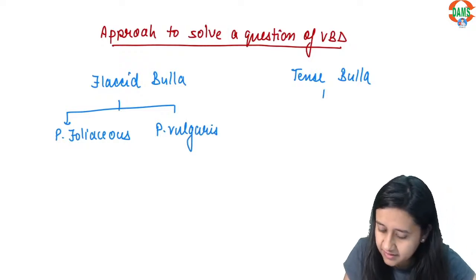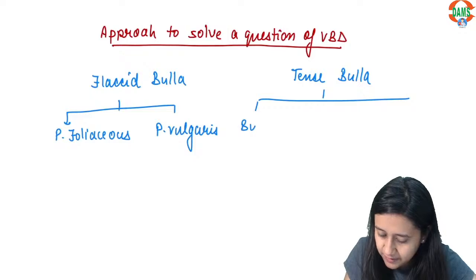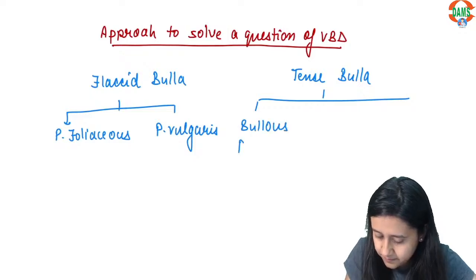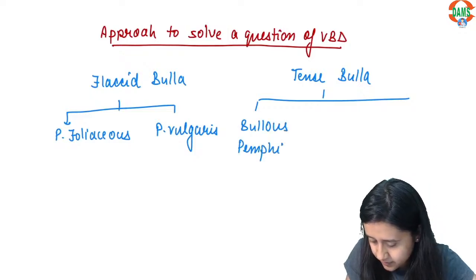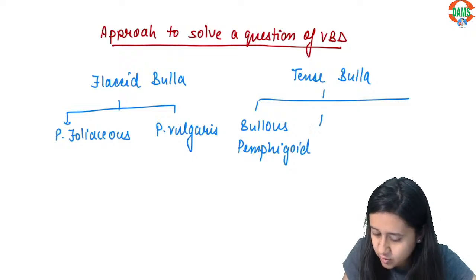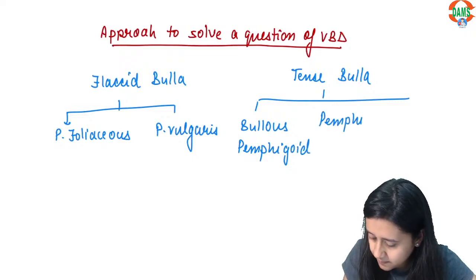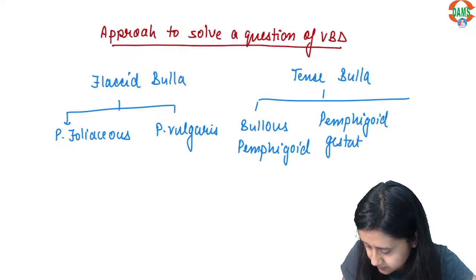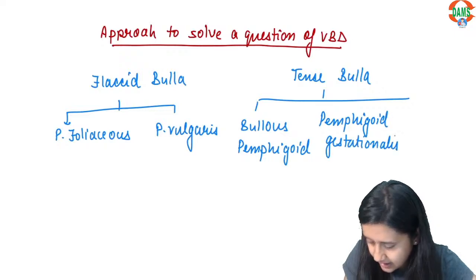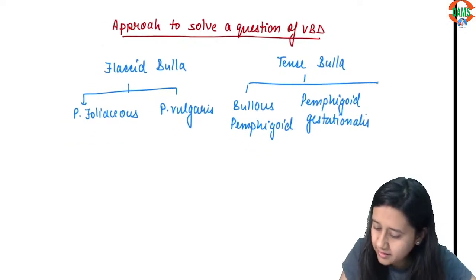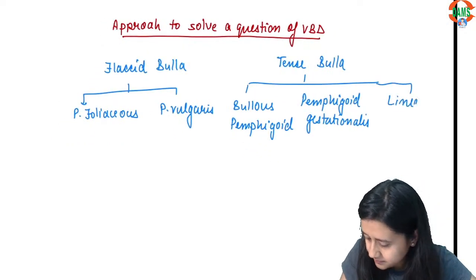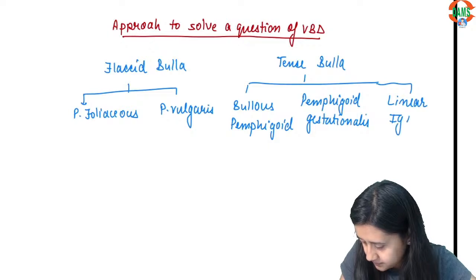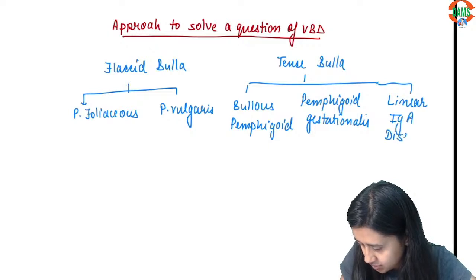And if it is tense, it is either bullous pemphigoid, pemphigoid gestationis, or linear IgA disease.